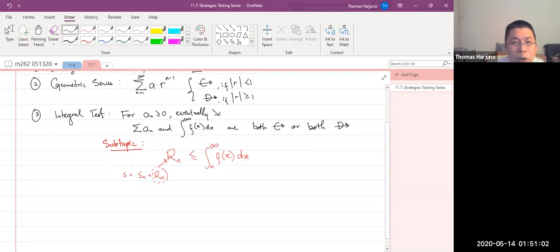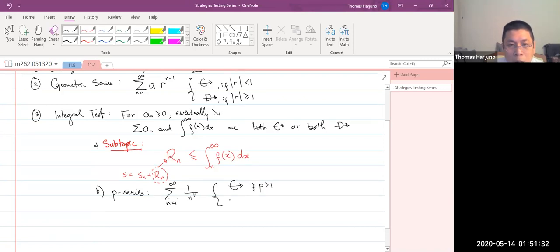Now, the consequence of integral tests is the P-series. Okay, the P-series, 1 over n to the P. This is convergent when P is greater than 1, divergent if P is less than or equal to 1.